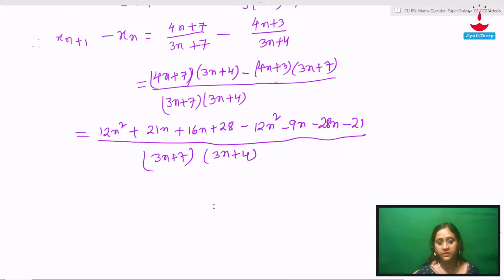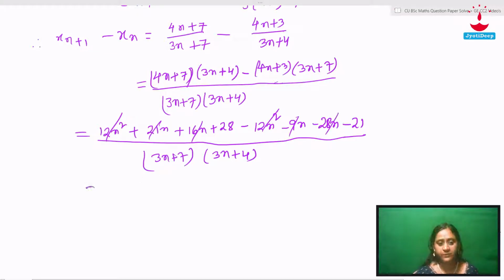Okay, so 12n square minus 12n square cancel, 21n plus 16n, that is 37n, and here it is 28 plus 9, that is 37. So it can be cancelled out.